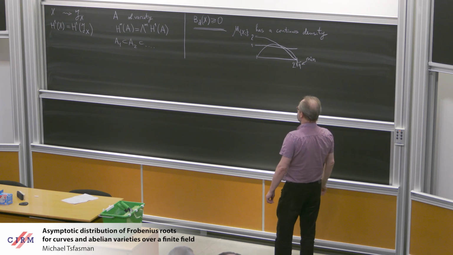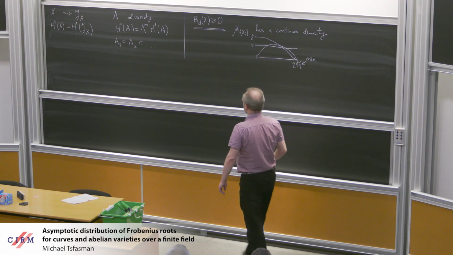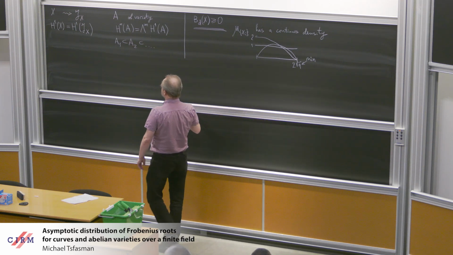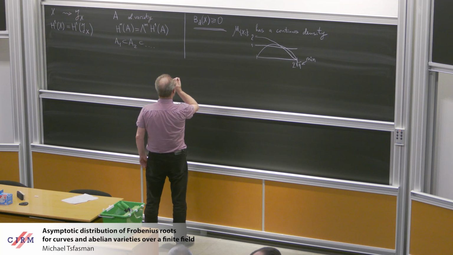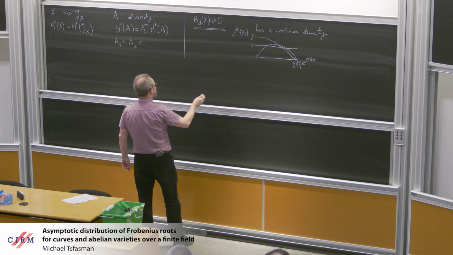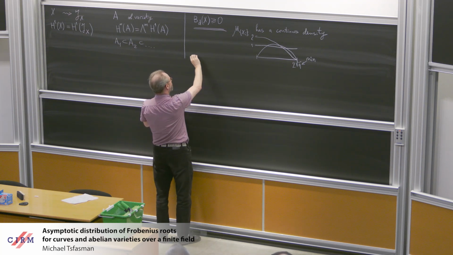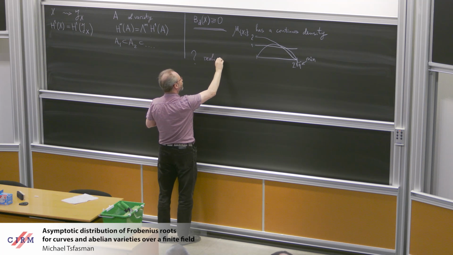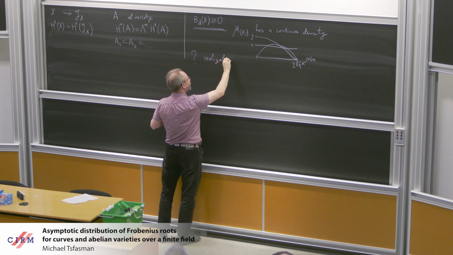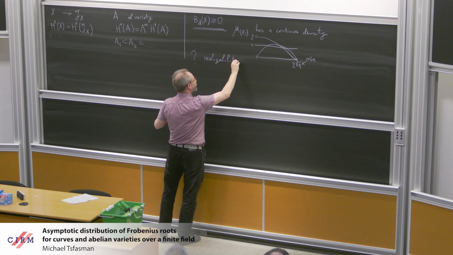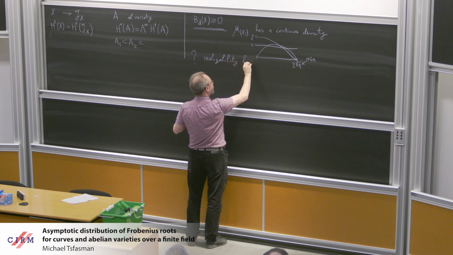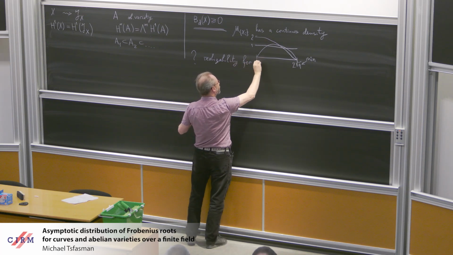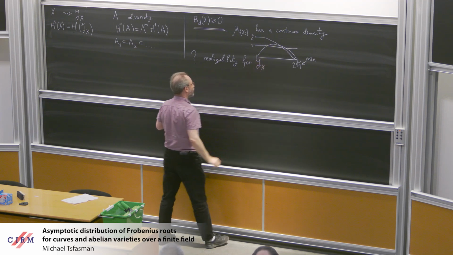We do not have the answer to that question. So the question is realizability for the families of Jacobians or of curves, which is the same.